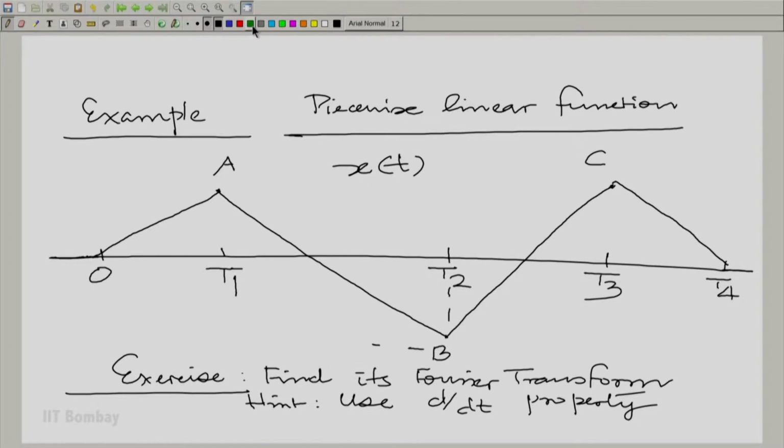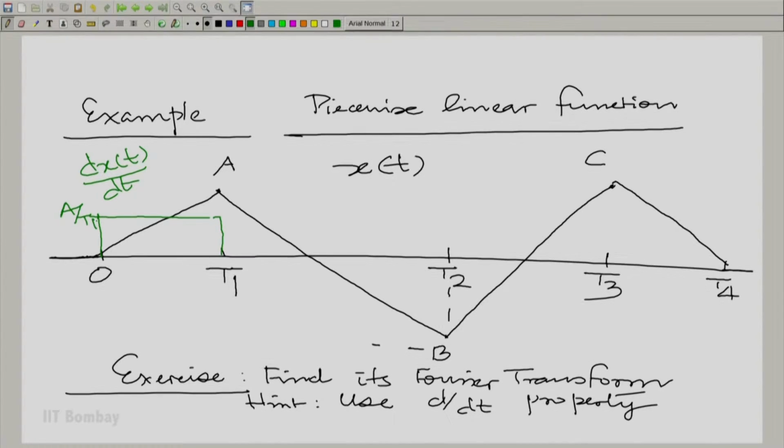So, let me in fact draw the derivative of this function for you. How will dxt by dt look here? I am showing it in green. This rises to a over an interval of t1, so you have a positive rectangular pulse here of height a divided by t1.